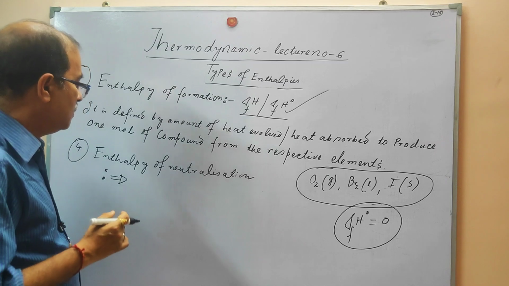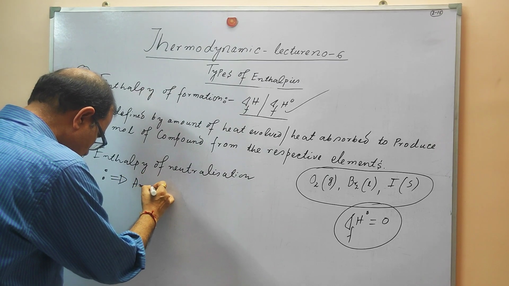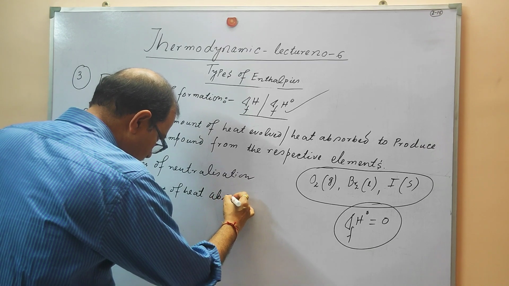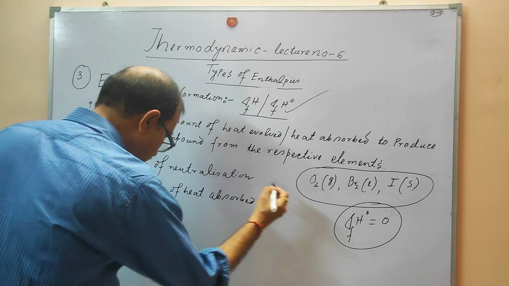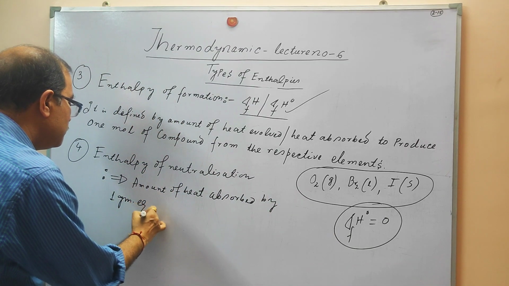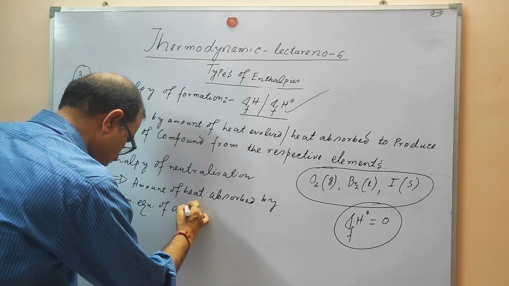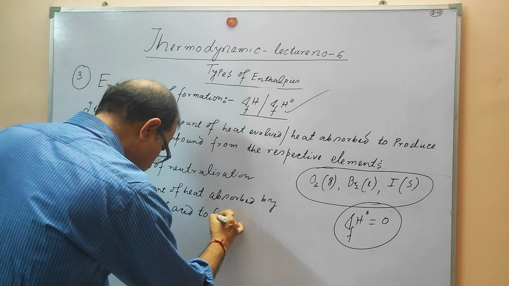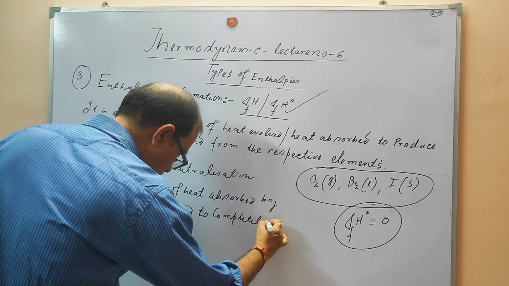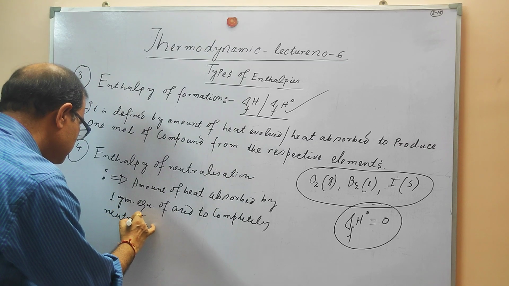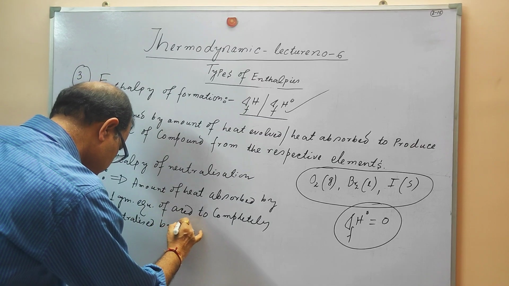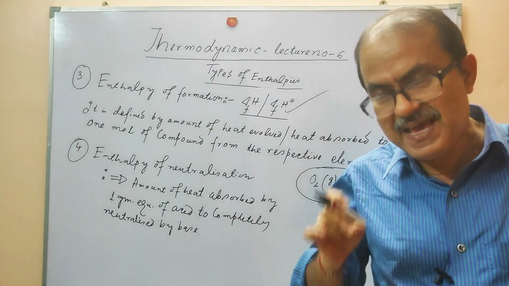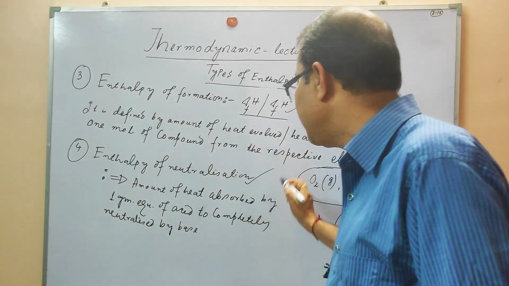In this case, neutralization, it will be the amount of heat absorbed by 1 gram equivalent of acid to be completely neutralized by the base, or the amount of heat that is evolved when 1 gram equivalent of base is neutralized by the acid. We call it the enthalpy of neutralization.